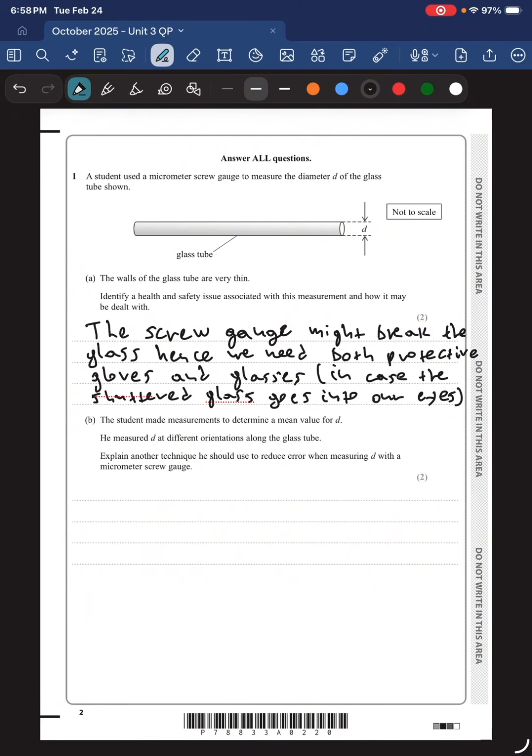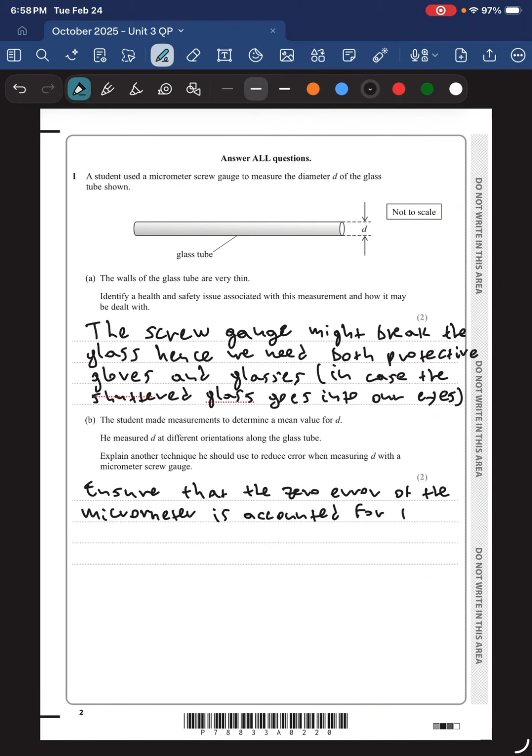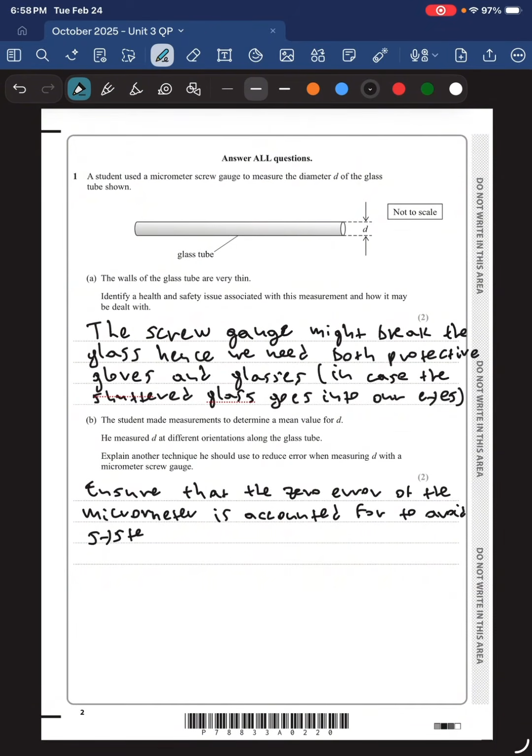So he has to ensure that the zero error of the micrometer is accounted for to avoid systematic errors. Okay.